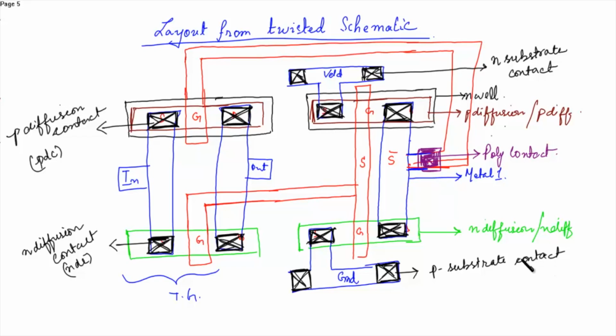Or we write it as PWC or the P-well contact. So this is the whole layout of a transmission gate that is drawn from the twisted schematic diagram.